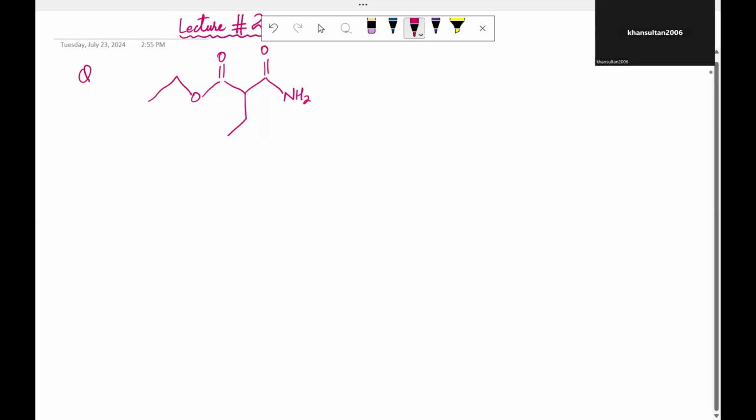Now what we need to do is draw its displayed structure. If we are going to draw its displayed structure, we know that at the corner there is basically CH3, so it would be like this.